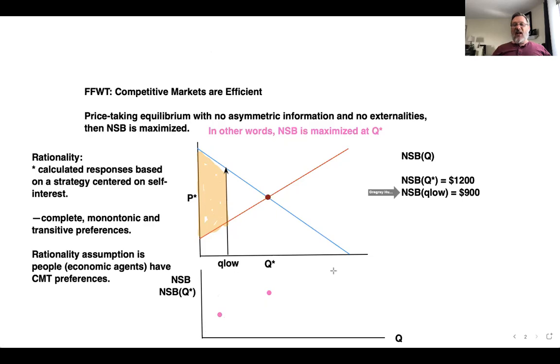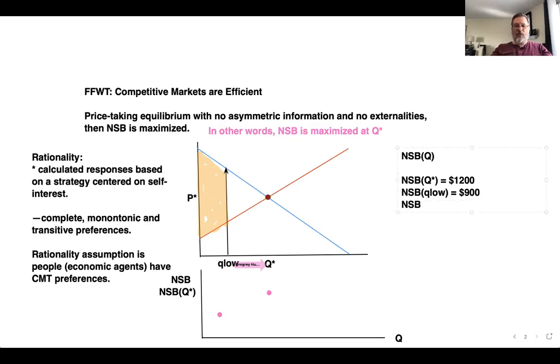Now, to finish it up, I should at least do one other point, because I haven't at all shown that net social benefit is decreased when I get to higher levels of Q than Q star, right? So see if you can complete this thought for me.